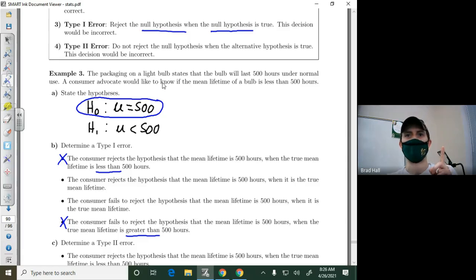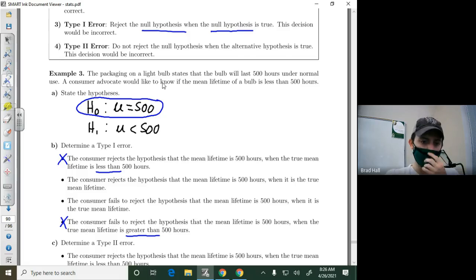Again, there's no need to even go to that symbolism. Back to my notes, I should have put less than, but same idea. So just by using that alone, we're down to 2. We should not be talking anything about less than or greater than. Type 1 errors only pertain to the null hypothesis.